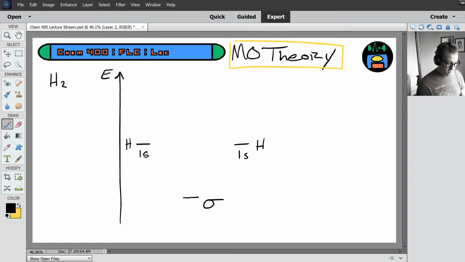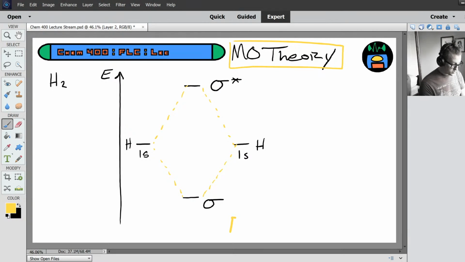This is called the sigma bonding orbital. And then one is higher in energy because it's behind the two nuclei, and this is called the sigma star antibonding orbital. And to show that these two new molecular orbitals arise when you mix these two 1s orbitals, we draw these dashed lines from the atomic orbitals that mix to form the molecular orbitals on both sides.